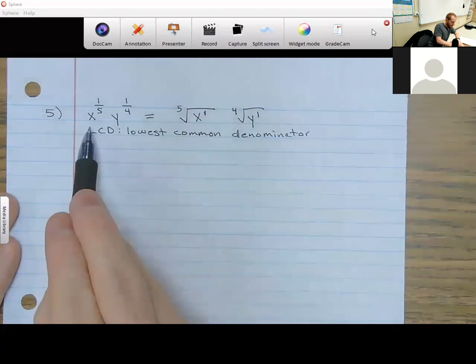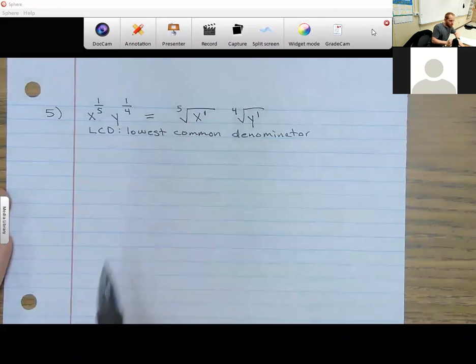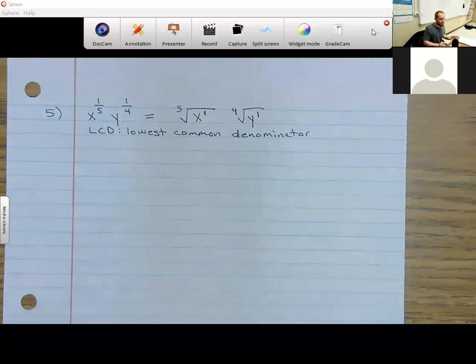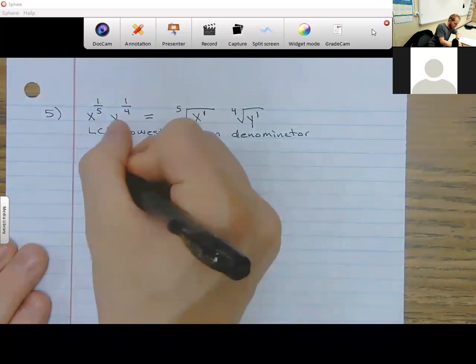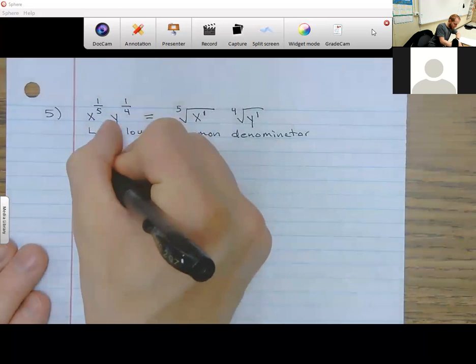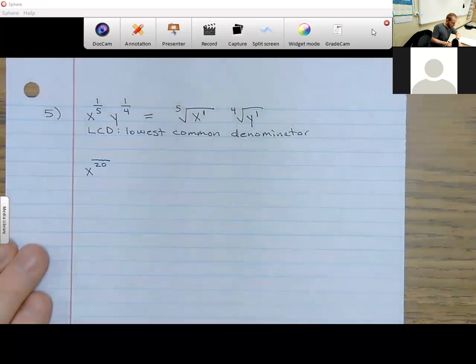We've got a 5, we've got a 4. What's the smallest number that 5 and 4 can both multiply to be? 20, right? So we're going to change the denominators into 20 so that they have that common denominator.